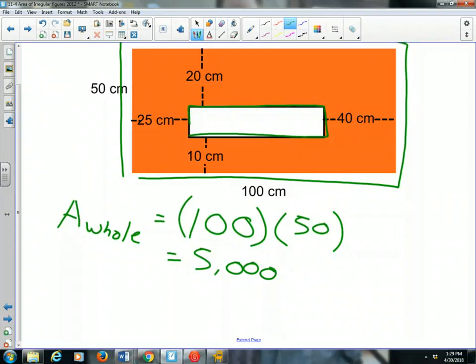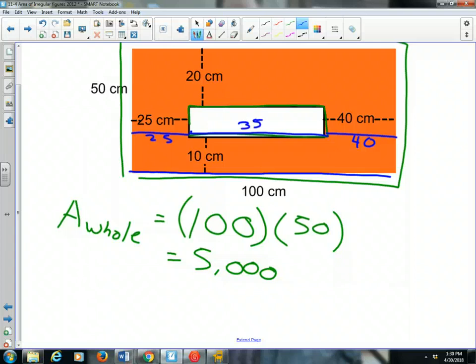Now we're going to subtract the white triangle because we don't want that. We only want the orange area. So the white triangle, what is the base and what is the height? Notice how the whole length is 100. If this is 25 and this is 40, that makes 65. So this has to be 35 because 25 plus 35 plus 40 makes the full 100.